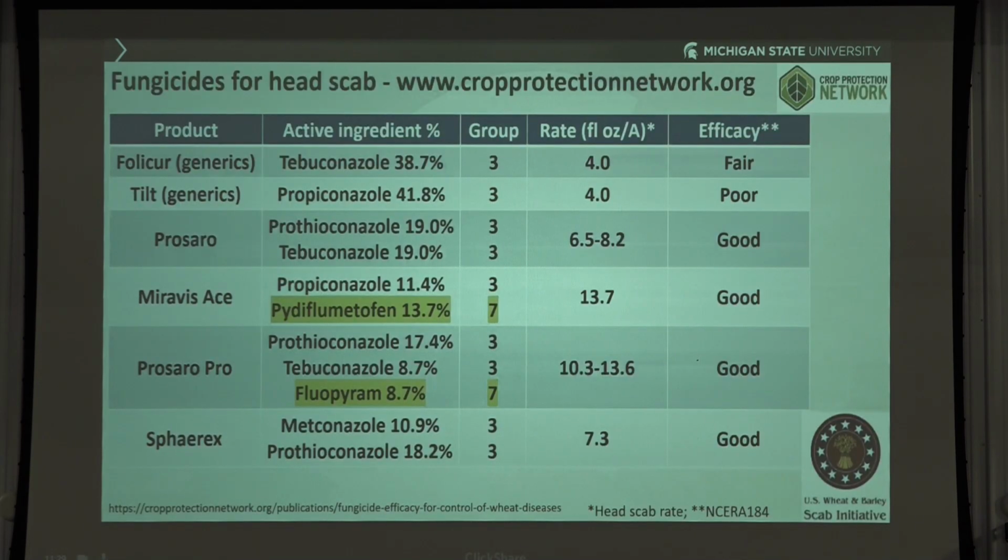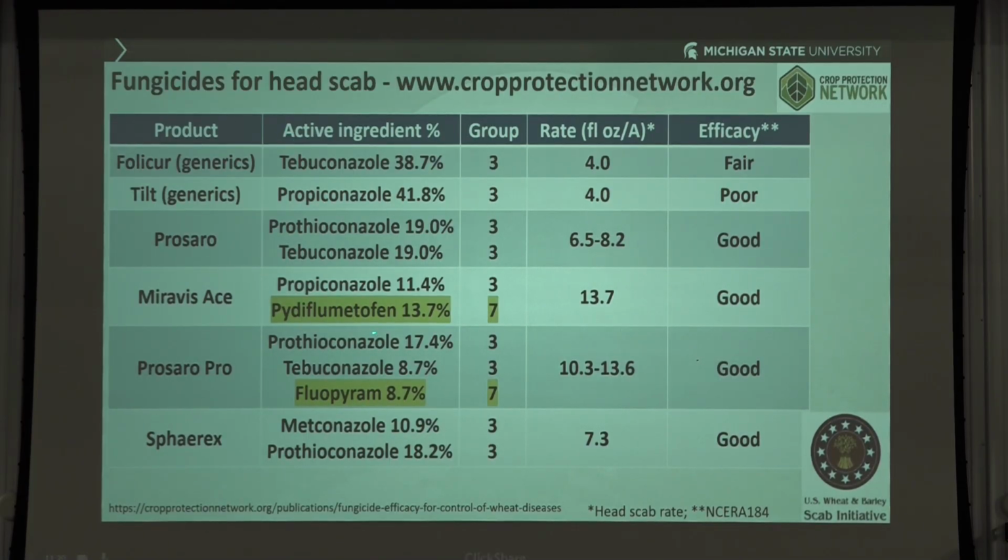So in terms of head scab management, we've got a few different products now. We've had Prosaro for quite a while, Tilt and Folicur, and there's generics of these too. There's your rate range for some of these. And for the most part, let's touch back on fungicide resistance. All of these are one class, DMI type chemistries.